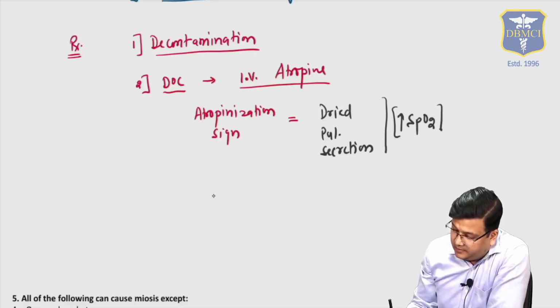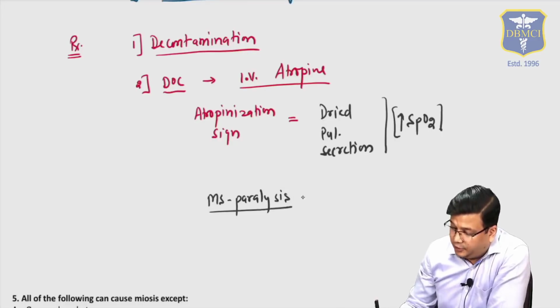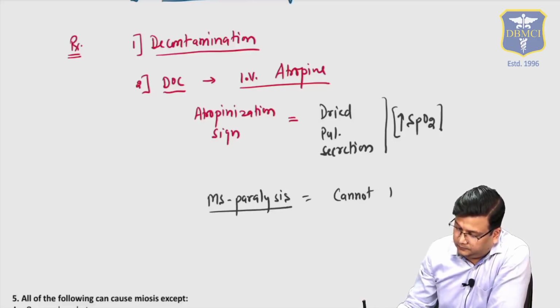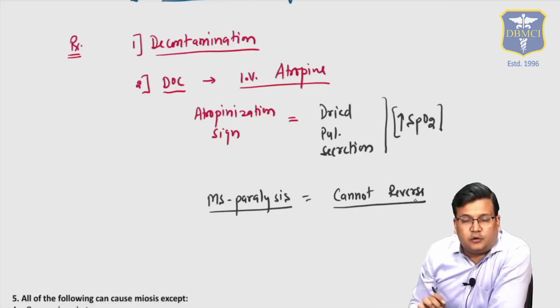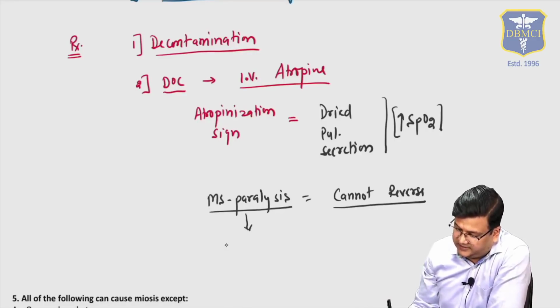And then muscle paralysis. Muscle paralysis cannot be reversed by atropine. Atropine cannot reverse muscle paralysis. So if the patient is having continued muscle paralysis, then oximes are indicated.